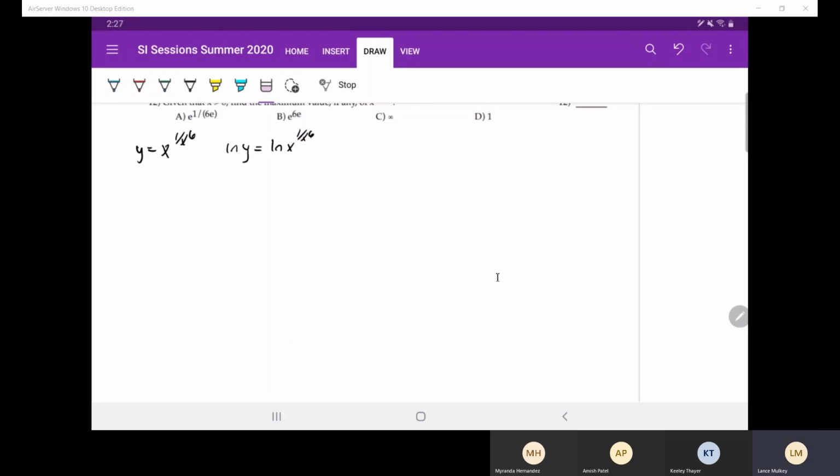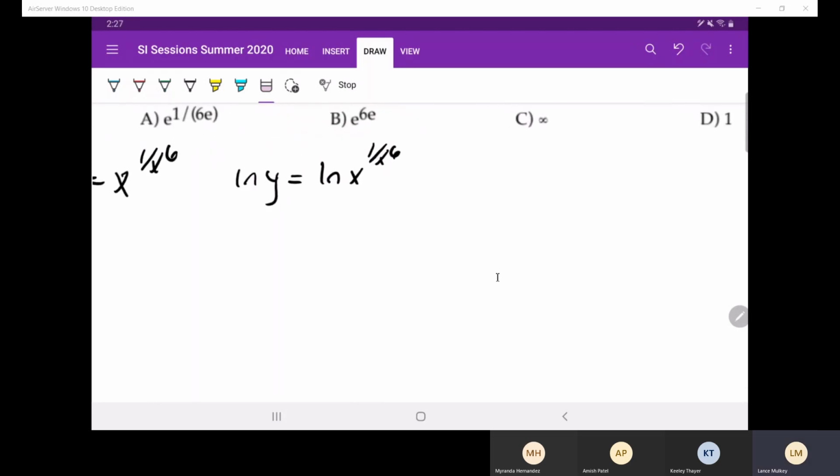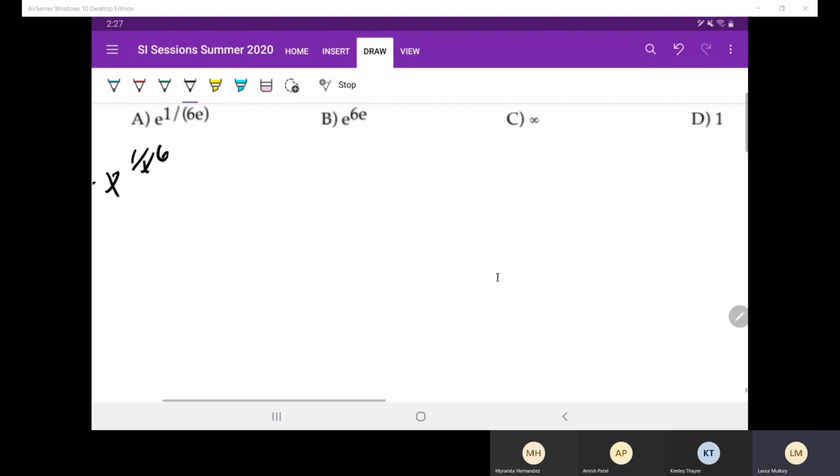Okay, so apparently there's this special rule that says a to the b equals e to the b natural log of a.